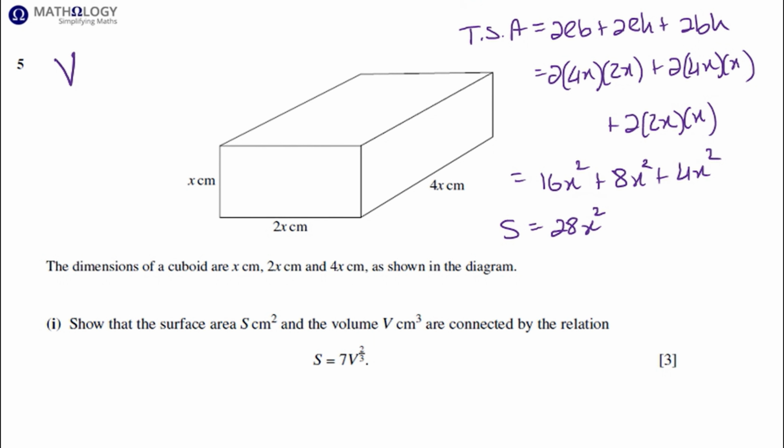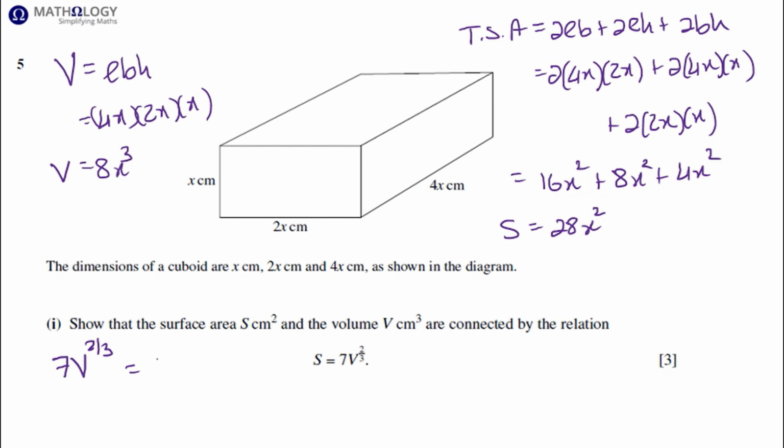The volume of this rectangular prism is length times breadth times height. So it's going to be 4x times 2x times x, which is 8x cubed. Now if we find an expression for 7V to the 2/3, that'll give us 7 times 8x cubed to the 2/3. 8 is 2 cubed.